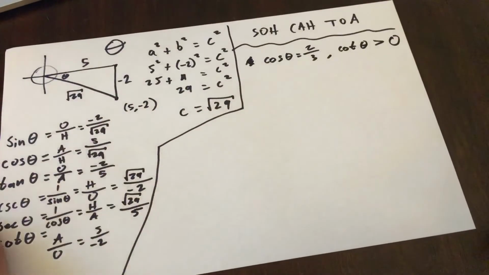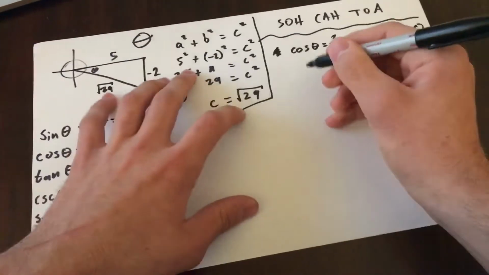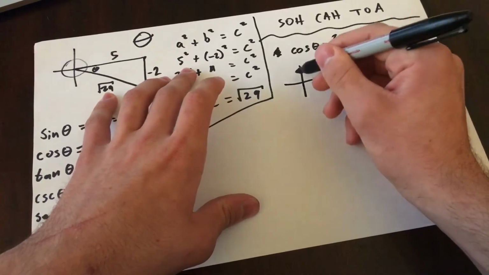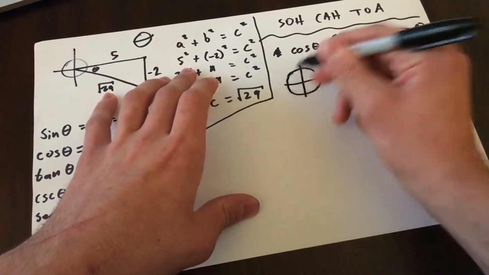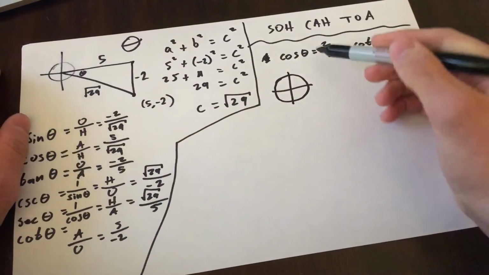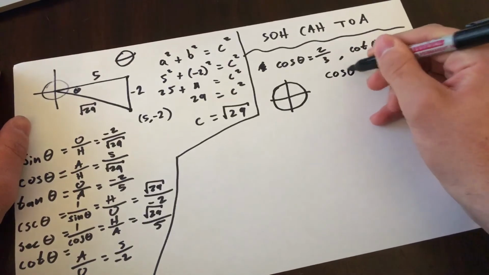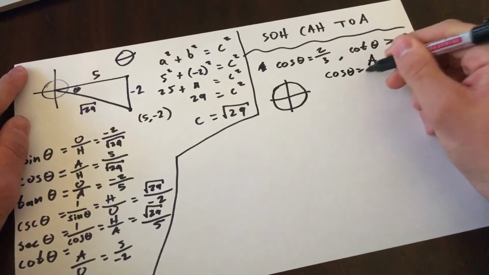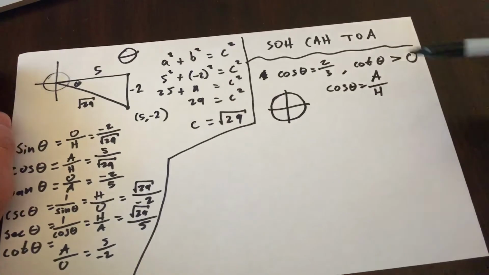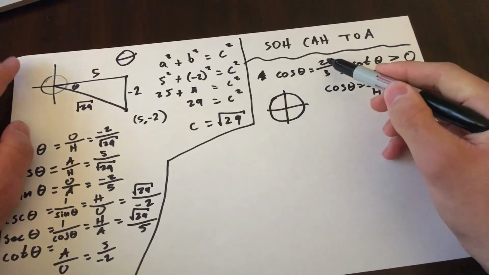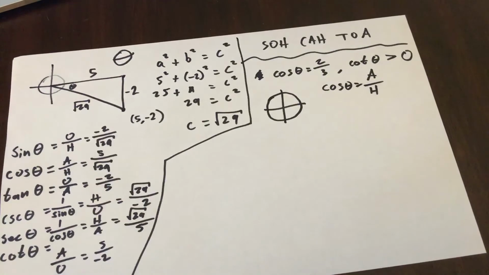All right. So we can think about our unit circle again. Cosine theta equals adjacent over hypotenuse. The adjacent side we know is going to be positive because we have a positive 2 right there.